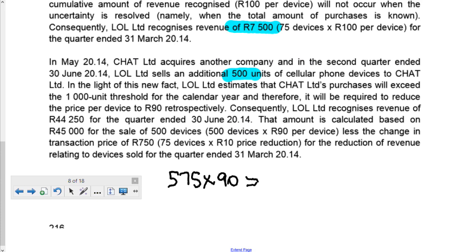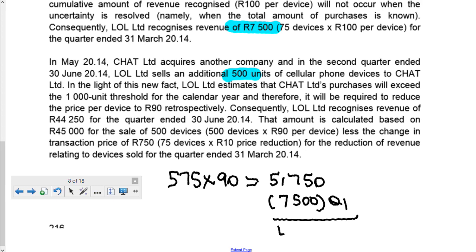What does that work out to be? 51,750. We had previously accounted for 7,500 in quarter 1. And so therefore, in quarter 2, we will account for 44,250, which will include that adjustment.